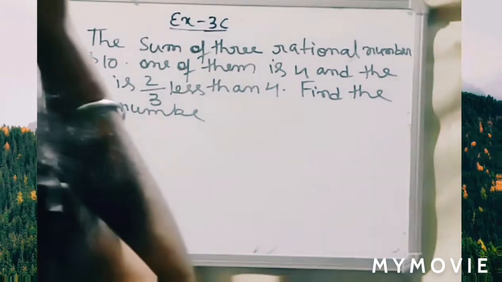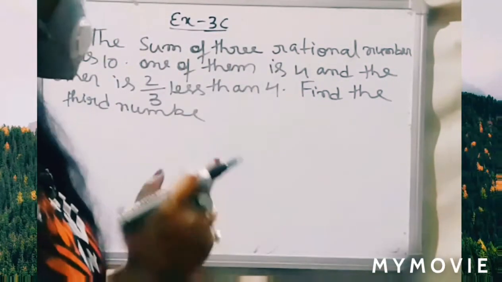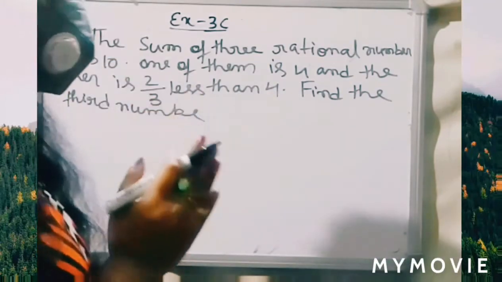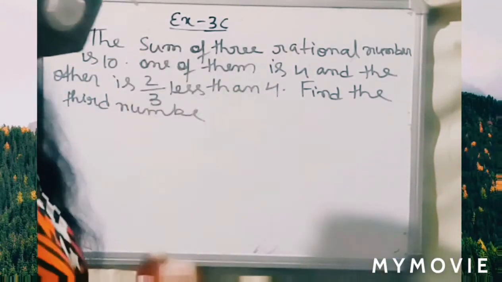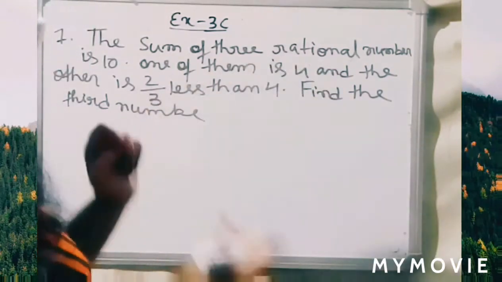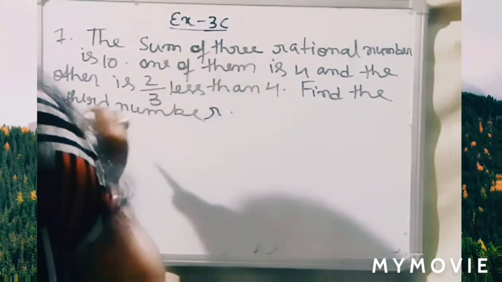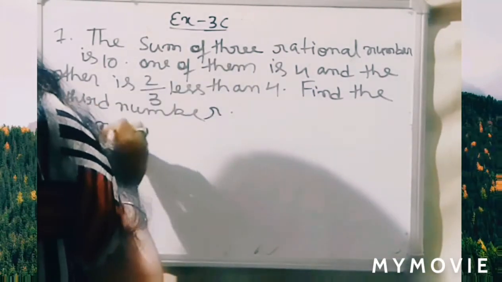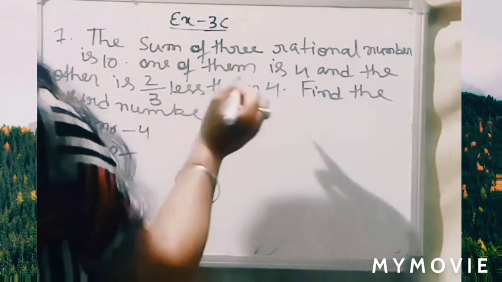The sum of three rational numbers is 10, given. One of them is 4. Another is 2 by 3 less than 4. 2 by 3 less than 4 means what? 4 minus 2 by 3. First, you will write the first number, which is given as 4. Second number, how will you get it?